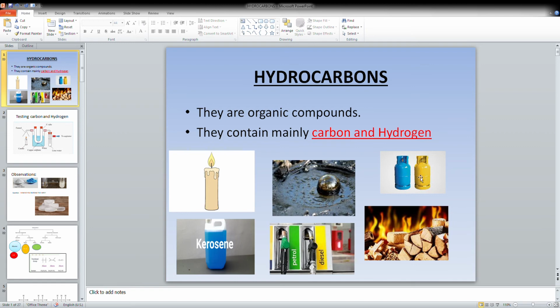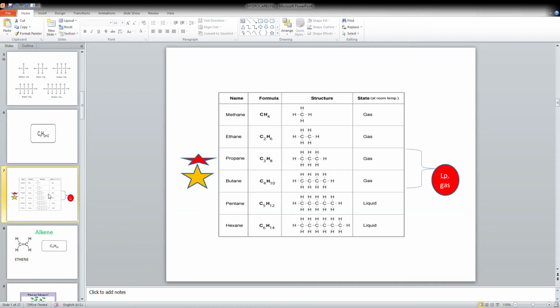LP gas is a mixture of gases that mainly contains two alkanes: propane and butane. So you remember these two. Some MCQ questions in the O-level have already asked what the main gases in LP gas are. They are propane and butane.